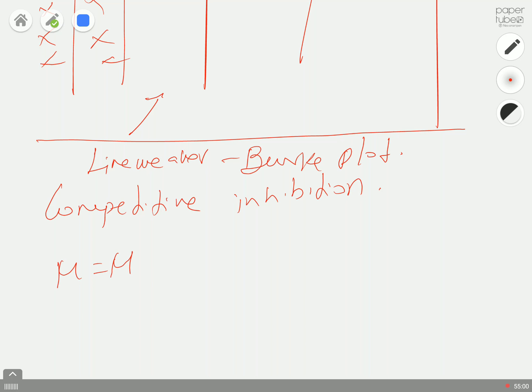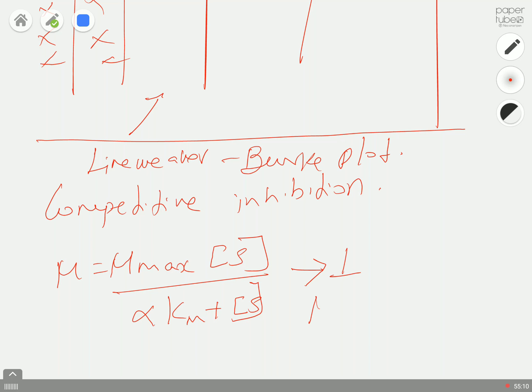Mu is equal to mu max times substrate divided by alpha Km plus substrate. You can linearize this into 1 by mu equals alpha Km by mu max into 1 by substrate plus 1 by mu max.